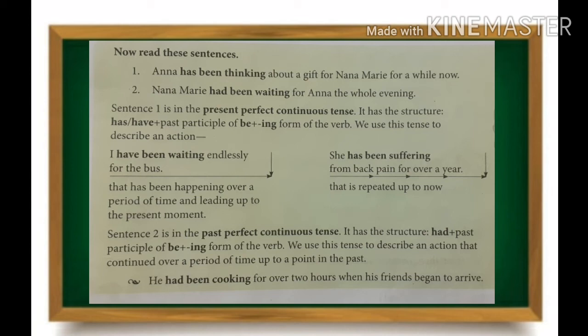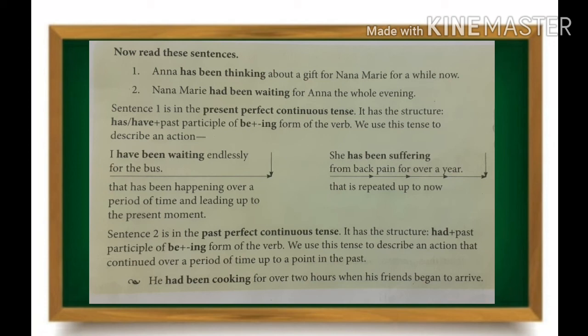So that means the sentence describes an action of thinking, right? The action of thinking has been happening over a period of time, leading up to the present moment. Still, it is not completed.